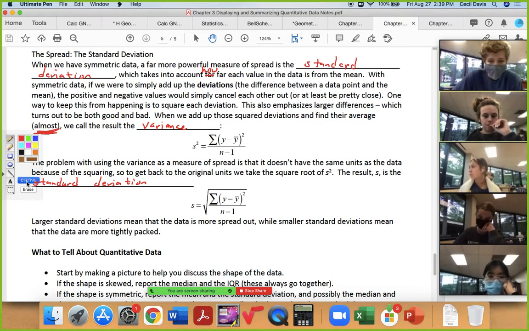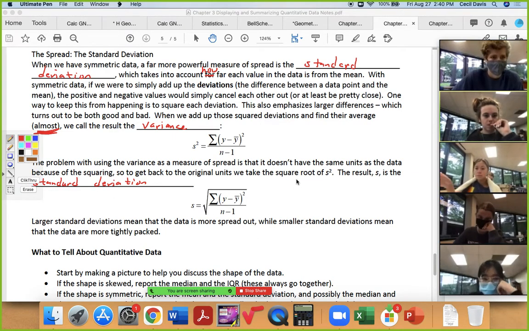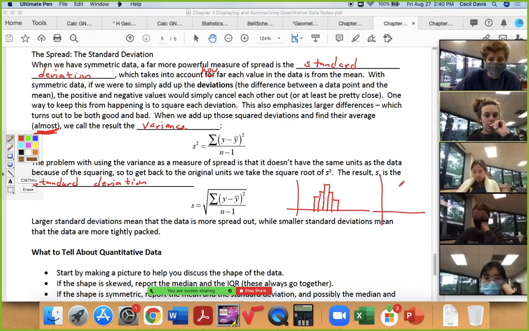let's say that you don't need to draw this, just something that looks kind of like this, as compared to something that looks like this.